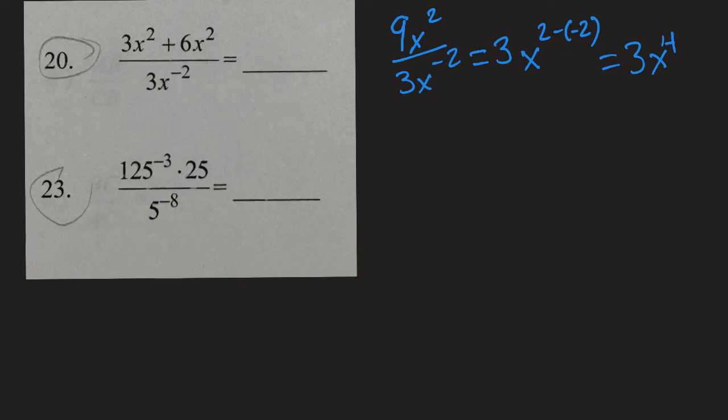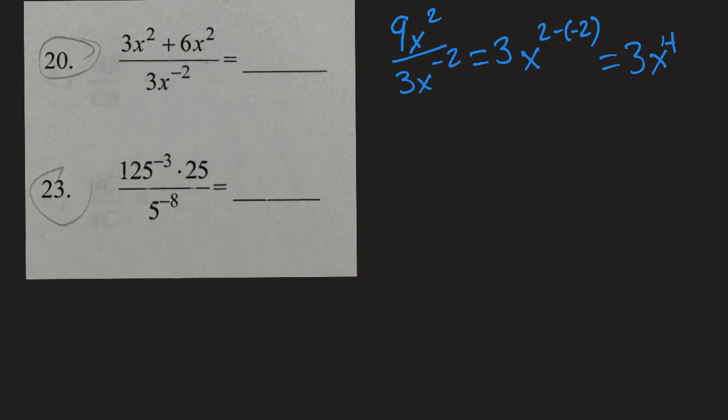After we get that 9x squared, we can use our laws that we saw on the previous page to combine the exponents, giving us x to the power of 2 minus negative 2. 2 minus negative 2 is going to become 2 plus 2, which is 4. So that's what's happening here.